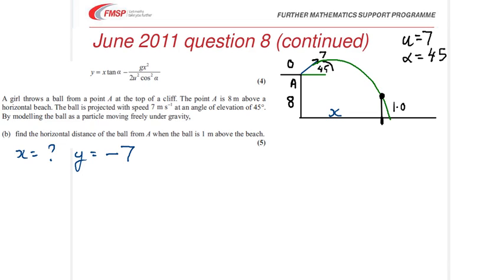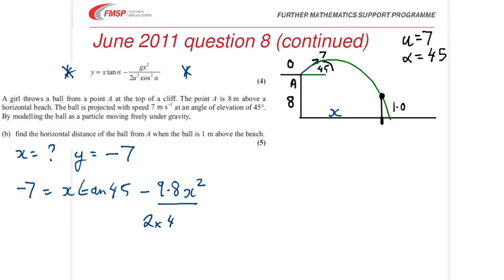So we can use the equation from the first part and simply put y in as: minus 7 equals x tan 45 minus 9.8 x squared over twice times 7 squared, which is 49, times cos squared 45.